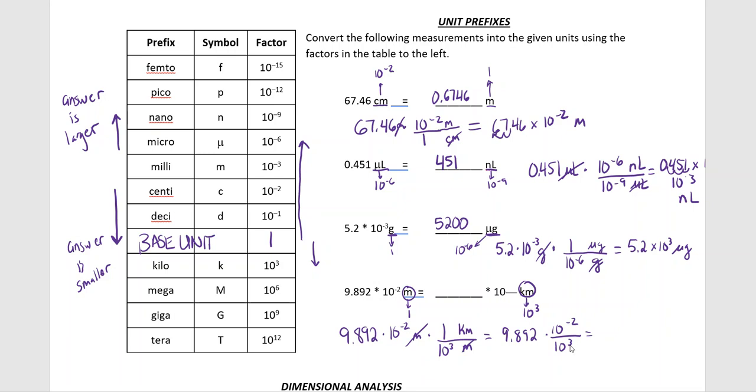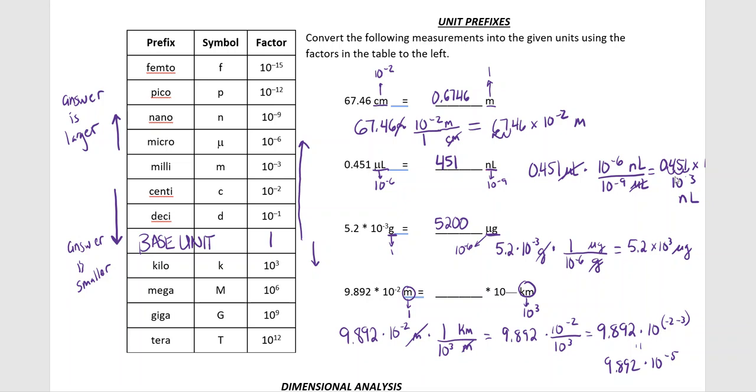So you subtract the denominator power there, and that gives me 9.892 times 10 to the negative 2 minus 3, which equals 9.892 times 10 to the negative 5, right?